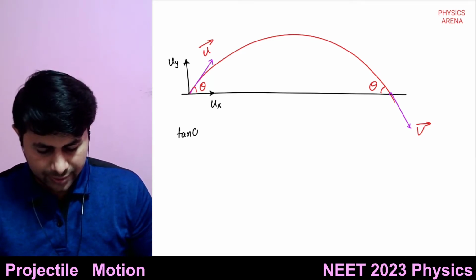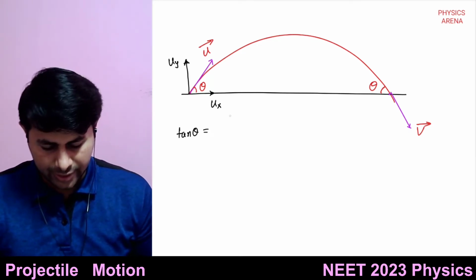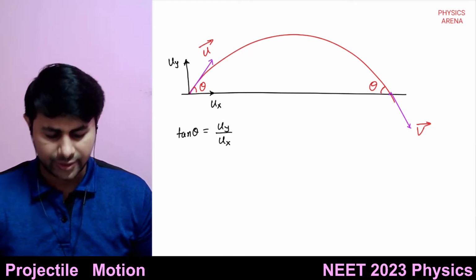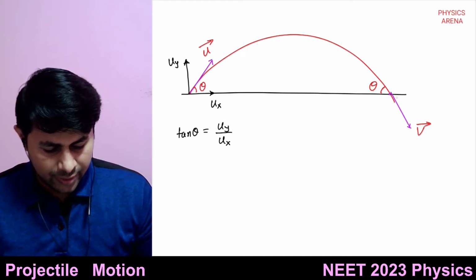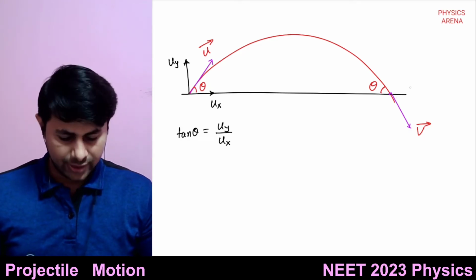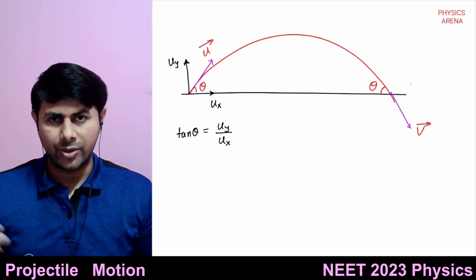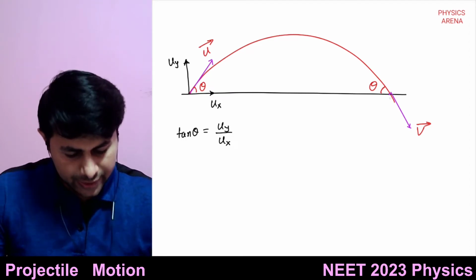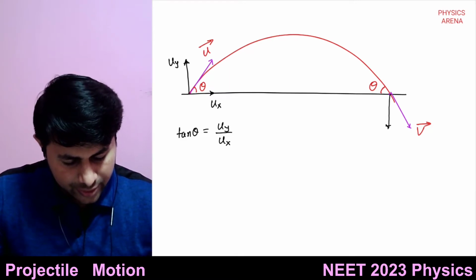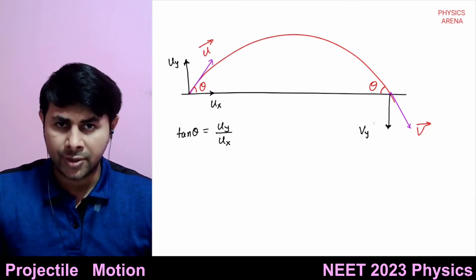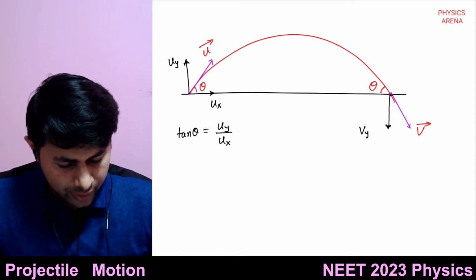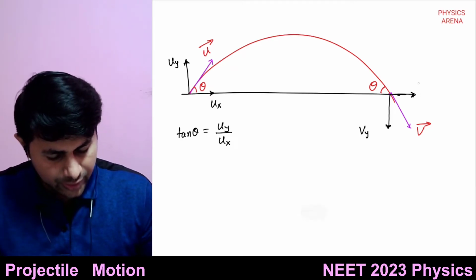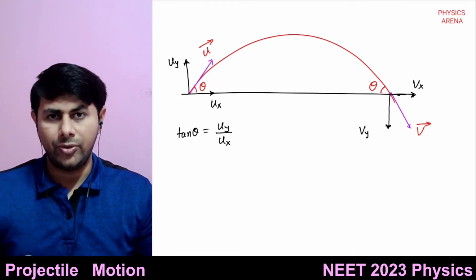Tan of theta is equal to uy divided by ux. And now since vy will be equal to uy in magnitude, just direction is opposite. So this is your vy, which is equal to uy, and this is vx, which is equal to ux.